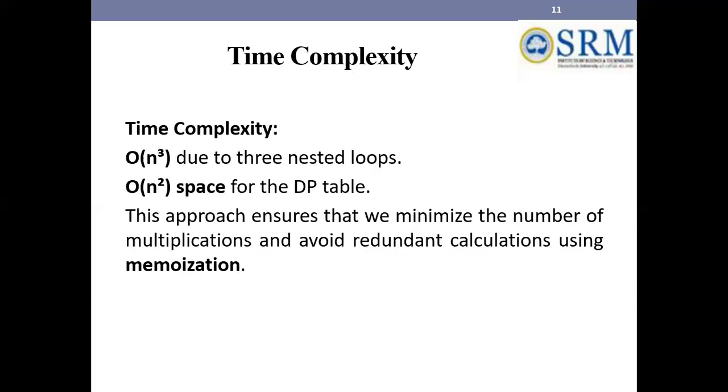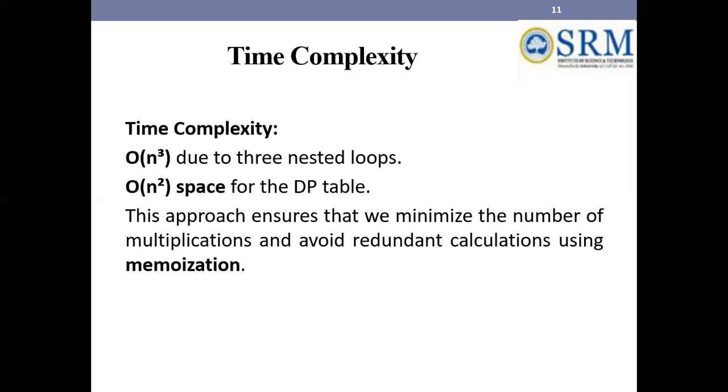So time complexity is order of n power 3 due to 3 nested loops. So n is the number of matrices, n power 3 is time complexity. And space complexity is, we are generating T, the dynamic programming table i comma j, that is a two-dimensional table.